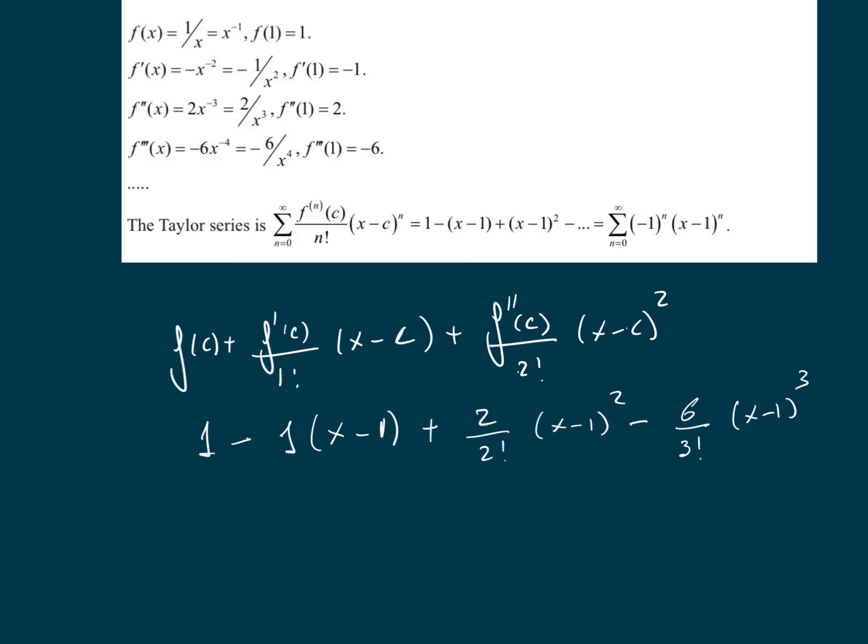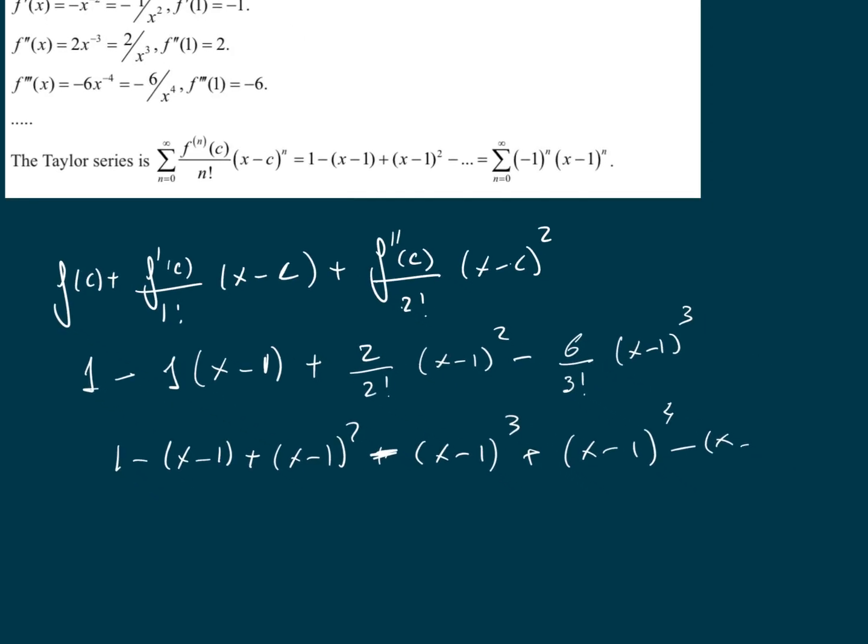So the series is 1, minus x minus 1, plus x minus 1 squared, minus x minus 1 cubed, plus x minus 1 to the 4th, minus x minus 1 to the fifth.